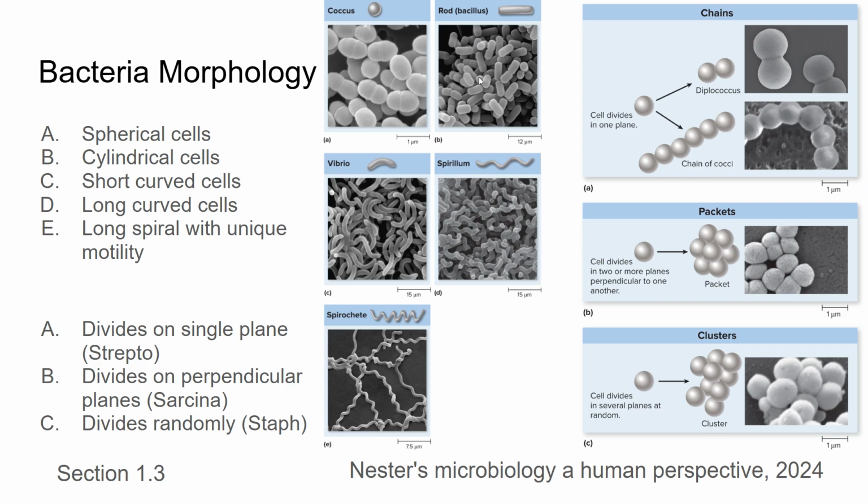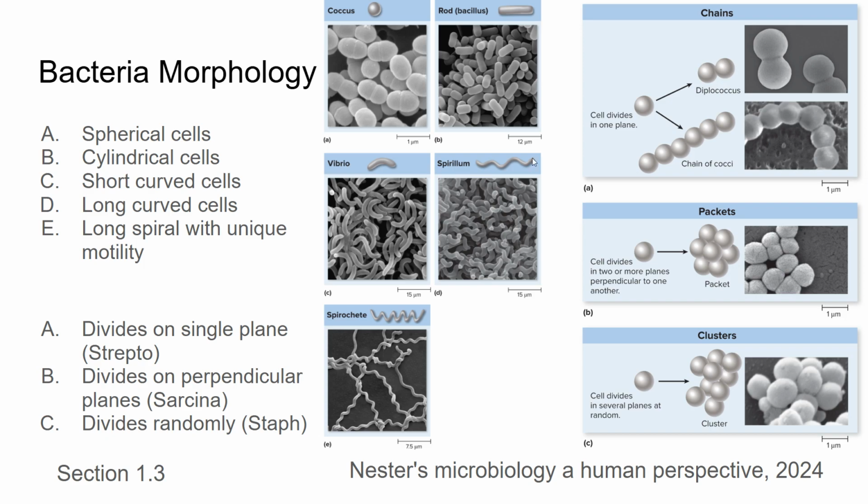These are cylindrical in shape. Vibrio is C, and this is a short curved cell, so it's kind of cylindrical, but it curves off. And then we have spirillum, which are very curvy. They're very spiralized. And then down here in E, we have spirochete, which are long spirals with unique motility abilities.